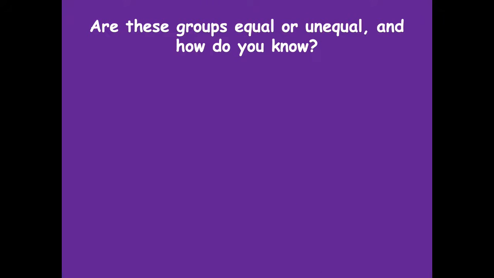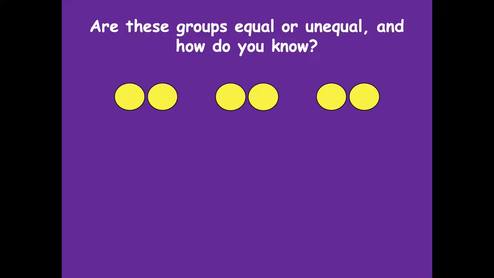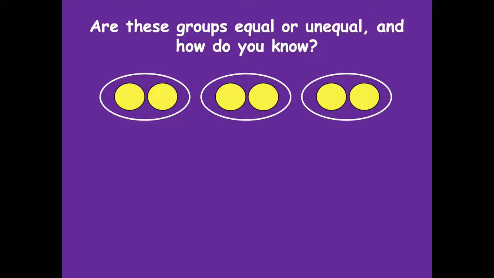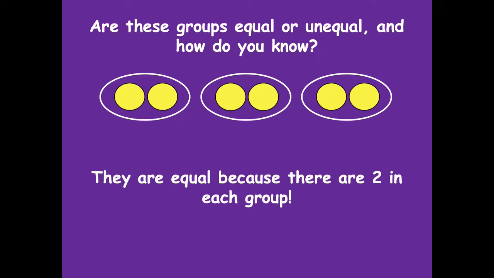All right, friends, are these groups equal or unequal, and how do you know? So here's my groups. Are they equal or unequal? Remember, unequal means not equal. They're equal because there are two in each group.